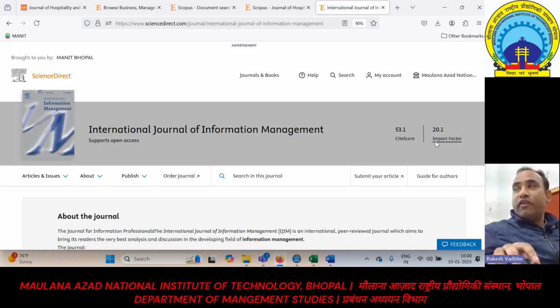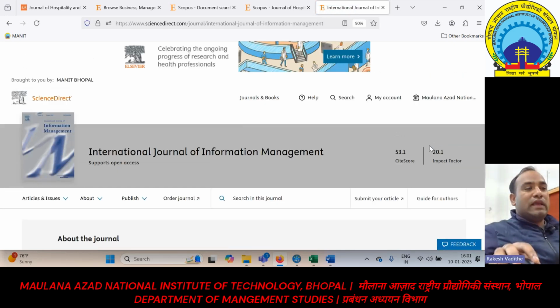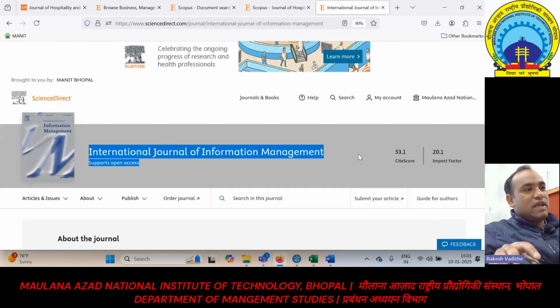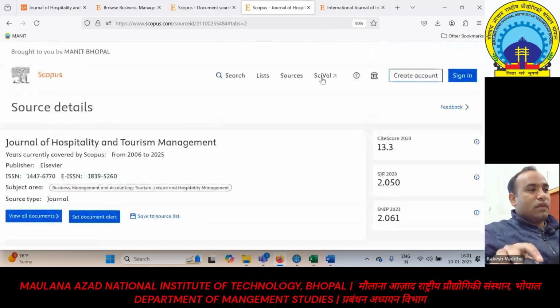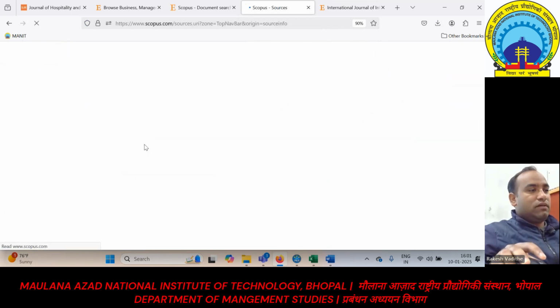You can check this journal. This has an impact factor of 20. I think in management, an impact factor of 20 is a most valuable journal. The CiteScore is 53. We will check how many papers they are publishing. Here sources.